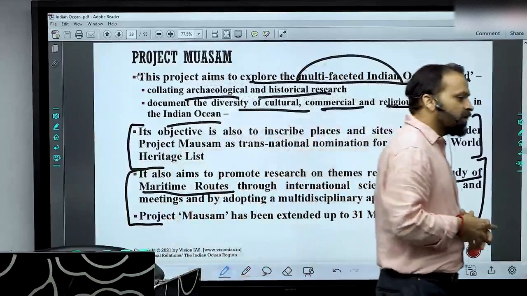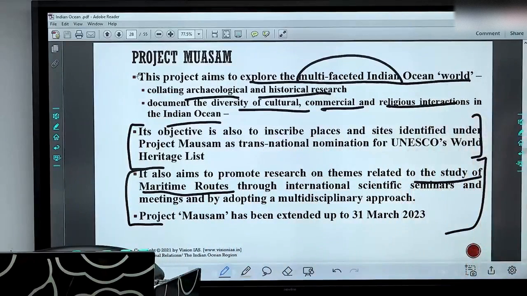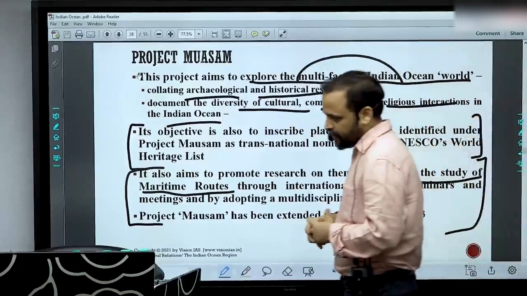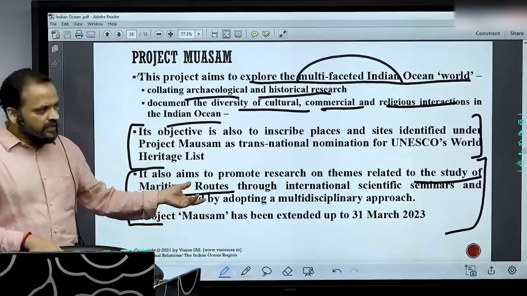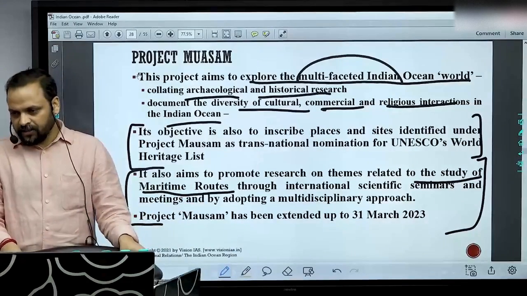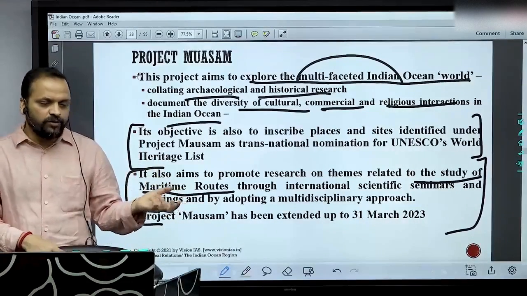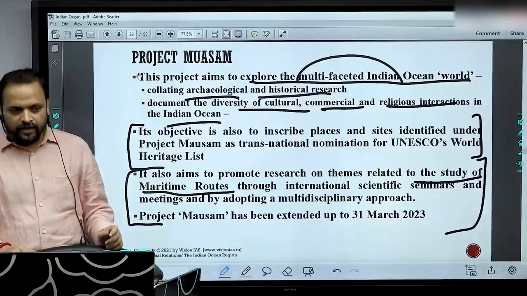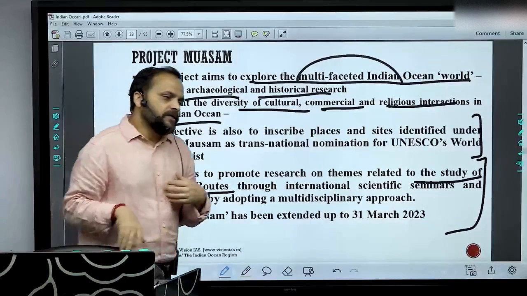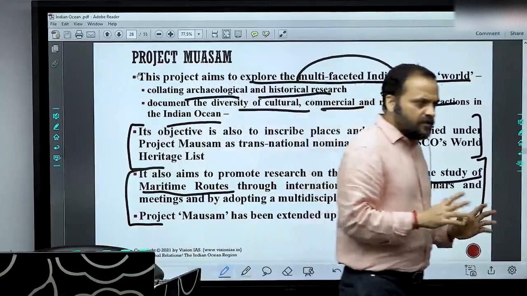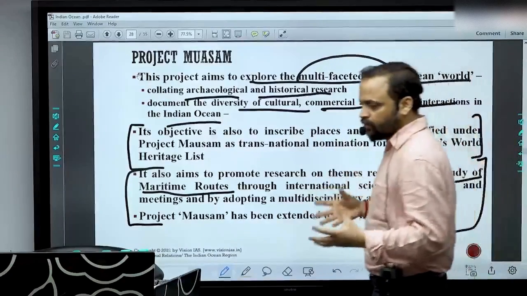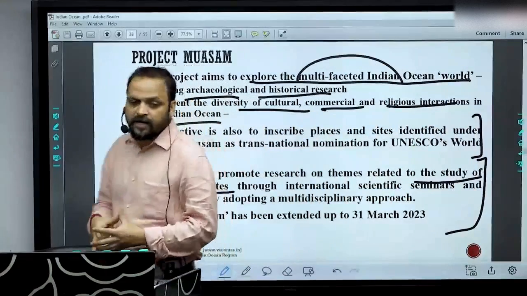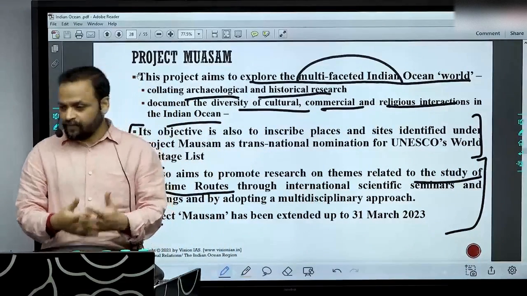That's why it has strategic relevance in the Indian Ocean region, right? So Project Mosam right now is active till 2023, right? It was to expire in 2020, but it has been extended till 2023. UPSC has already asked a question in Mains 2015 on what is Project Mosam and are there any strategic aspects related with it?